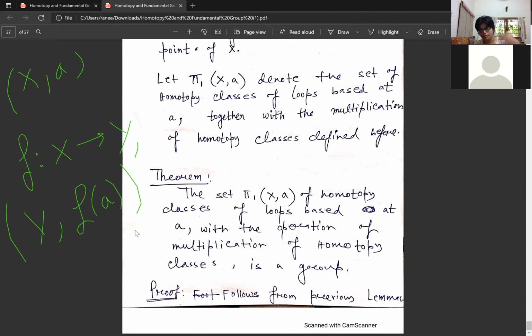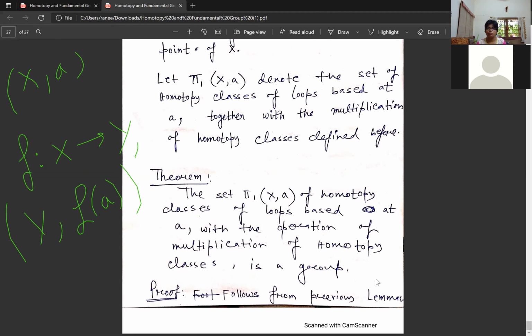Okay, so now we arrived at a situation. We denote something as pi1 of X comma A. What is pi1 of X comma A? It is the homotopy classes of loops based at A, so it is all the classes of f and g, where everything is a loop at the point A. Loops means just closed paths whose initial and terminal points are the same.